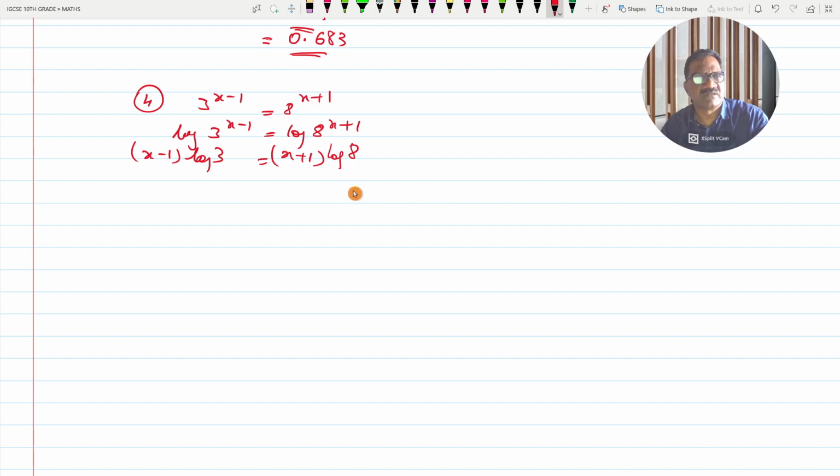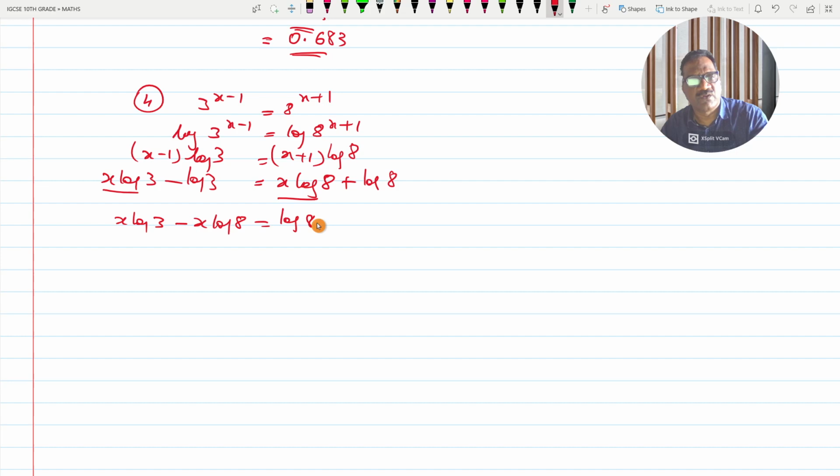Fine. Now we want to find x, right? So let us open this bracket. So x into log of 3 will be x log 3, minus 1 into log of 3 will be just log of 3. This will be x log of 8, plus 1 into log of 8 will be log of 8. Now take the x terms on one side. So x log of 3 minus x log of 8 will be equal to log of 8, and this will come on this side, so it will be plus log of 3.